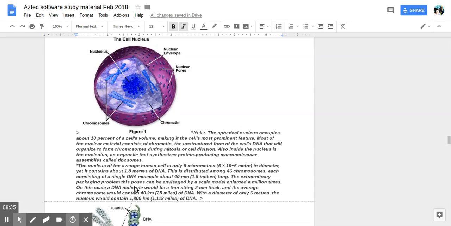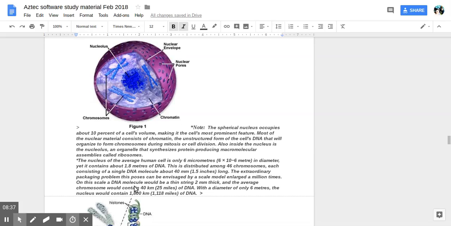Each consists of a single DNA molecule about 40 millimeters or 1.5 inches long. The extraordinary packaging problem this poses can be envisaged by a scale model enlarged a million times.